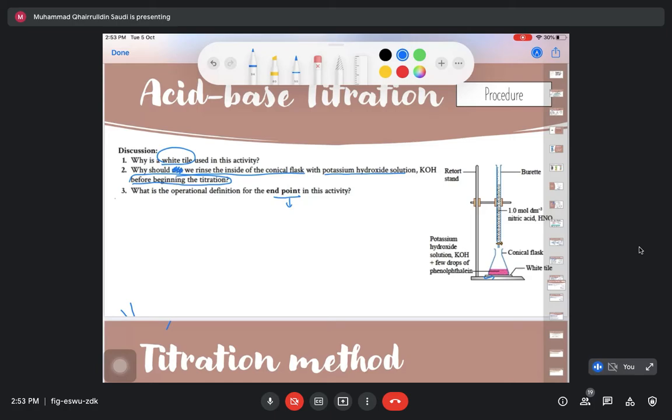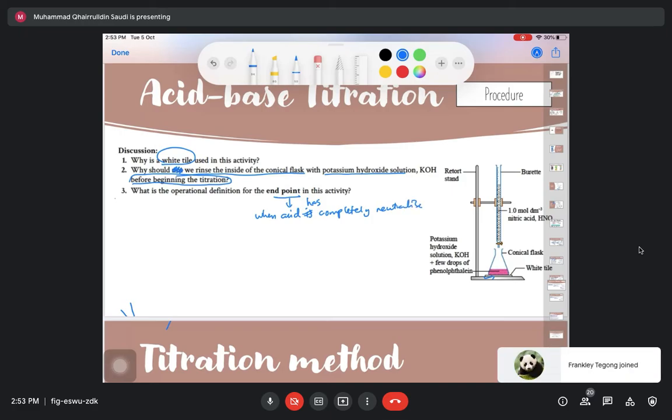Acid has completely neutralized. Yes, neutralized. Okay, so endpoint dia punya general maksud adalah when acid has completely neutralized the apa? Dia neutralizekan siapa? The alkali. Good. The alkali.